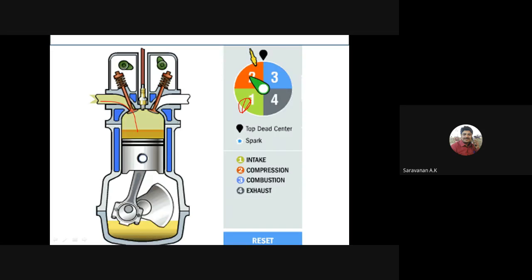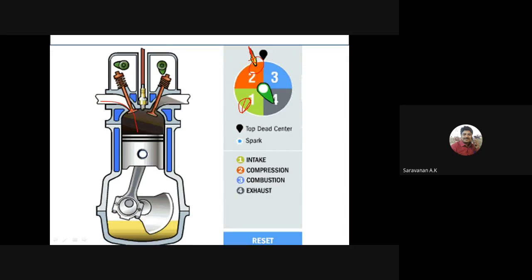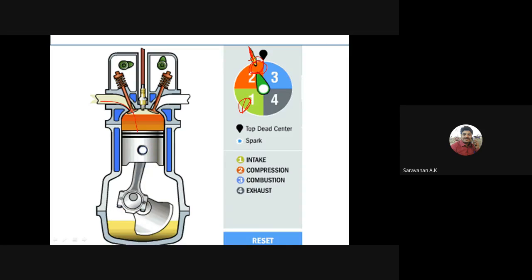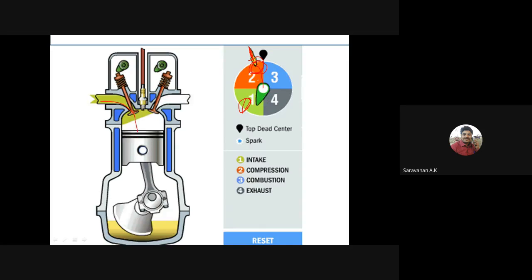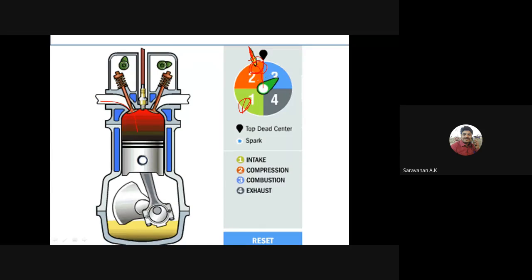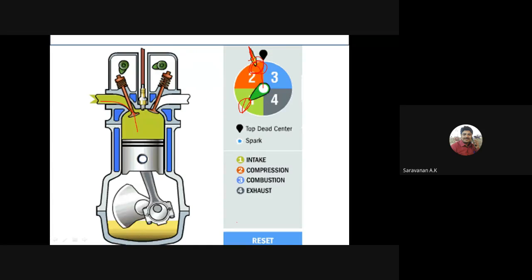At the end of the compression stroke, the spark is produced. That's called the combustion process. Is it clear? The animation is clear?